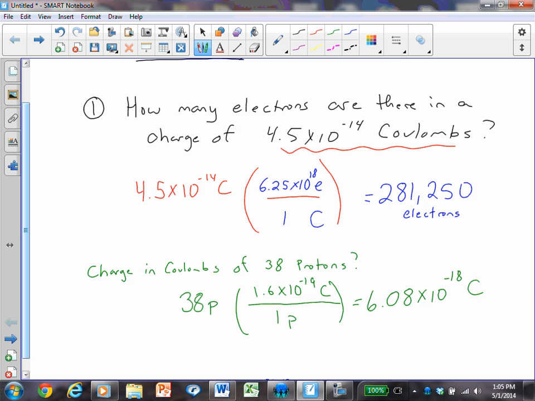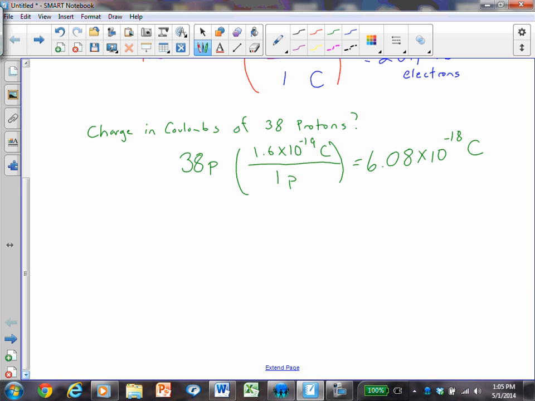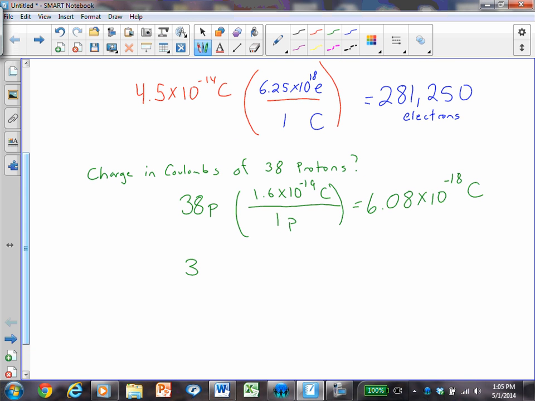So just so you don't get confused, it doesn't matter which conversion factor you use. Like here I could use this one again.